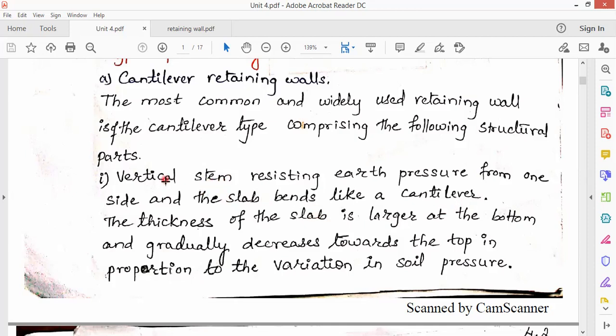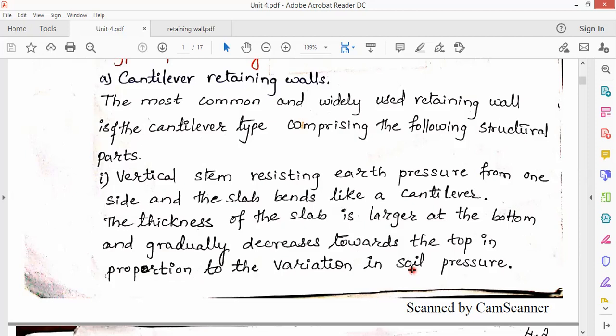So that slab element will be called here as a stem, and there will be slab here at the base, which entirely will act as a cantilever slab. The thickness of the slab is larger at the bottom, and gradually it decreases towards the top in the proportion of the variation in the soil pressure. Means at the top soil pressure will be small, and at the bottom soil pressure will be large.